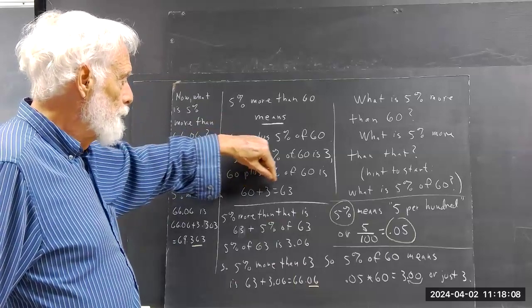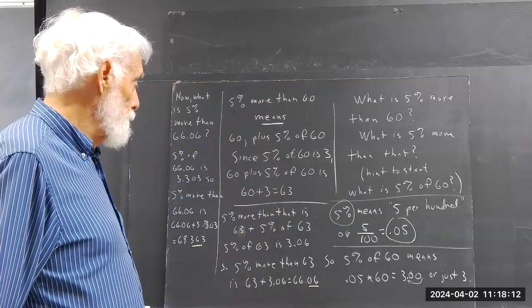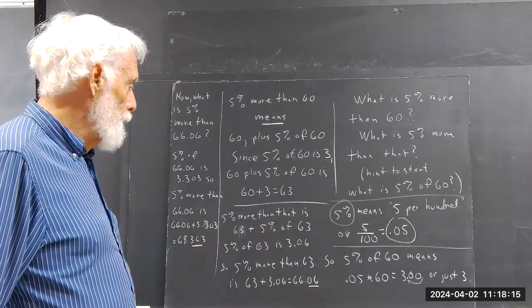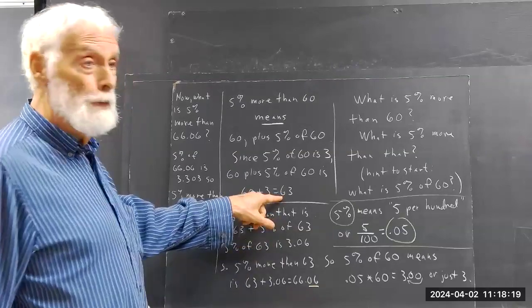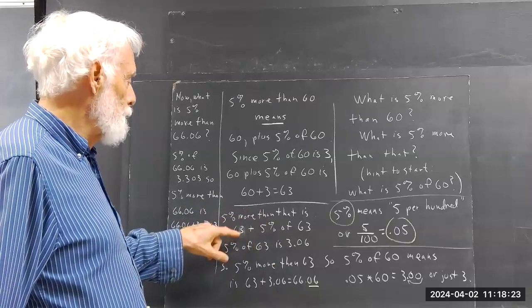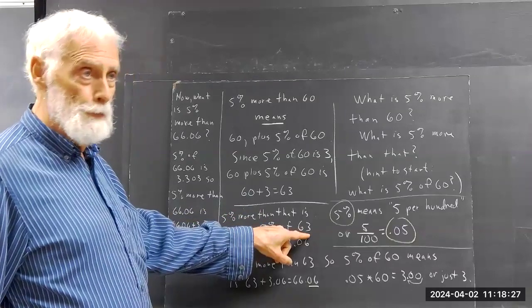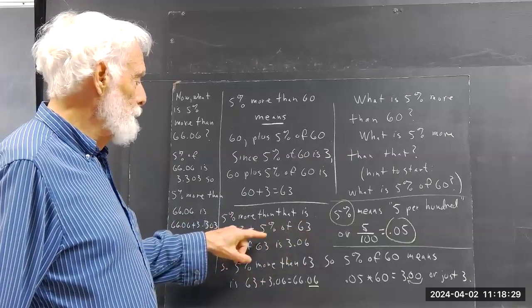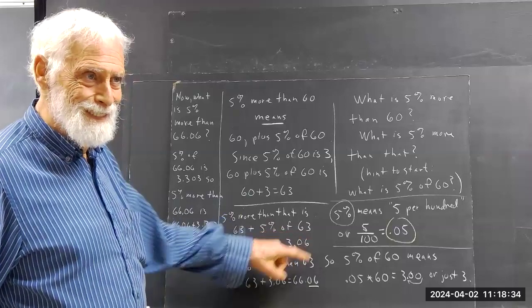Okay, 60 plus 3 is 63. So that's 5% more than 60. What's 5% more than that? Well, that is 5% more than 63, which means 63 plus 5% of 63. You can't do 63 plus 5% unless you know what the 5% is of.